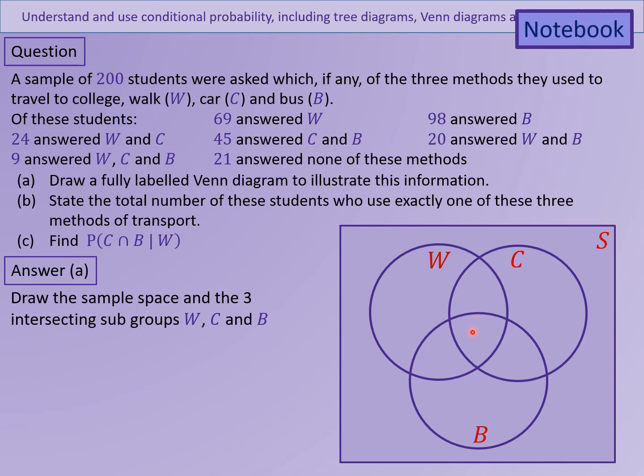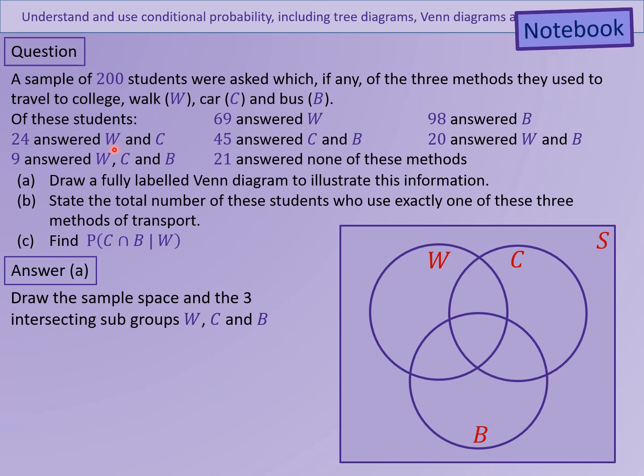They'll be in the middle. So these 69 could be solely walkers, they could be walkers and car people, they could be walkers and bus people, or they could be all 3. So I can't put the 69 in, apart from having in my head that all of those results have to equal 69. Same problem for B, same problem for W and C, although it's not quite as bad.